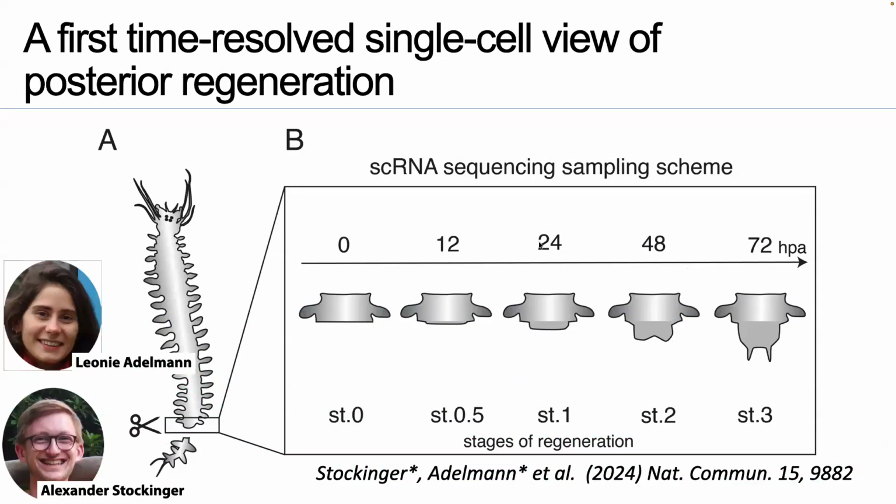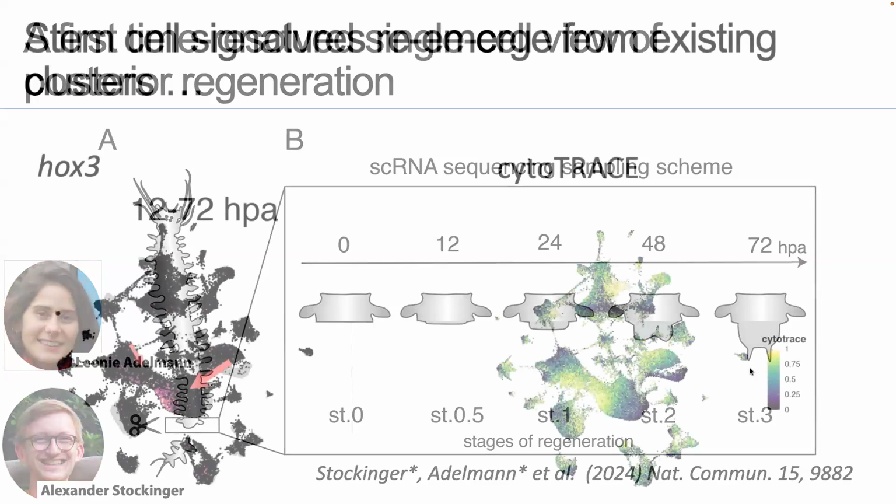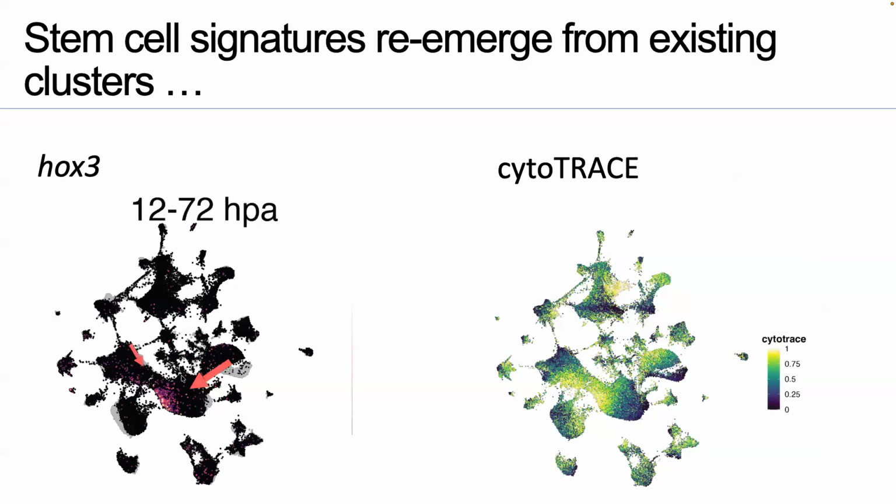The sampling scheme took amputated worms, the last segment of which was always sacrificed at 0 hours, 12 hours, 24 hours, 48 hours, and 72 hours after amputation. In this time course, we already see morphological structures reforming, so we had to assume that the stem cells are somehow in place at the end of this process. Then, by mapping this known stem cell marker HOX3 on the single cell UMAP visualization that you see on that slide, we could define at which stage stem cell markers are first coming back.